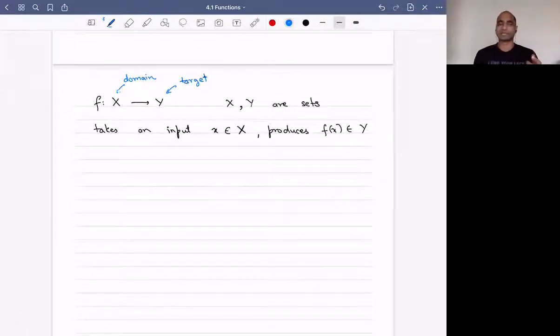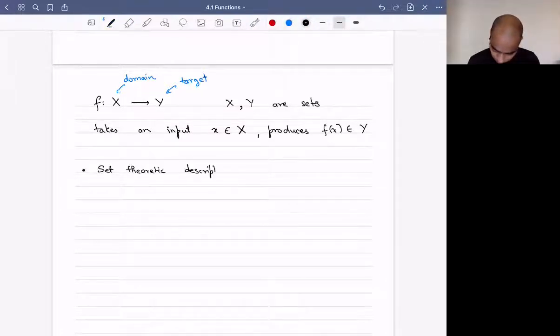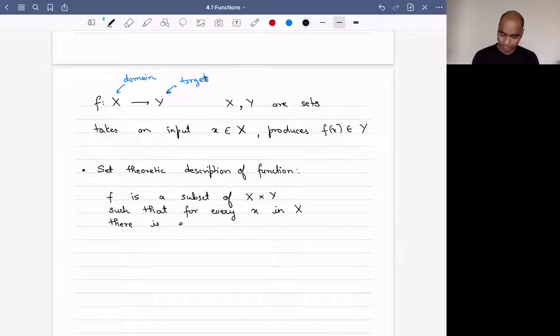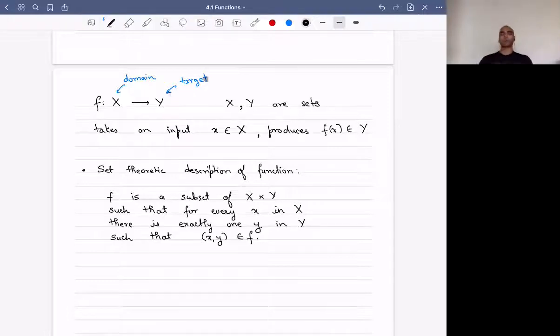The set-theoretic way of describing a function is almost like a graph. f is a subset of X cross Y such that for every x in X, there is exactly one y in Y such that... let me write this using the formal logical notation.